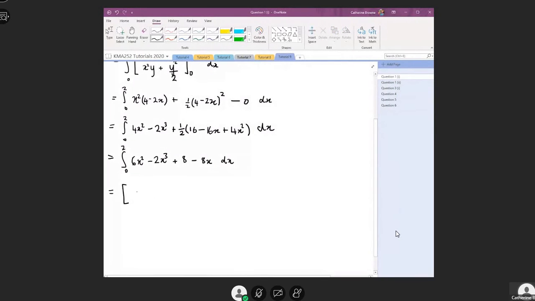And now we want to integrate with respect to x. So x cubed, we get a factor of 2 there, minus x to the 4 over 2, plus 8x minus x squared over 4. And that's from x equals 0 to x equals 2.